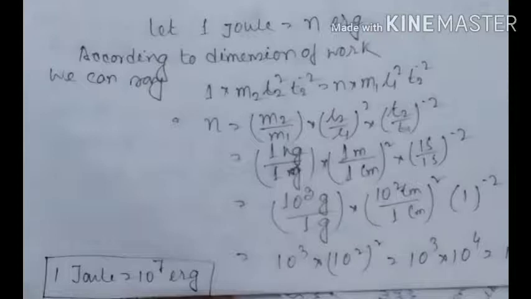So 1 kilogram is equal to 10^3 gram, 1 meter is equal to 10^2 centimeter, and 1 second and 1 second both will provide 1 to the power minus 2, that is 1. So this gram and this gram will eliminate. Finally, we get 10^3 into (10^2)^2, that is 10^3 into 10^4, finally 10^7. So we can conclude 1 joule is equal to 10^7 erg.